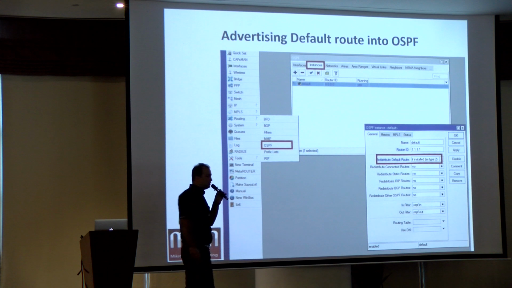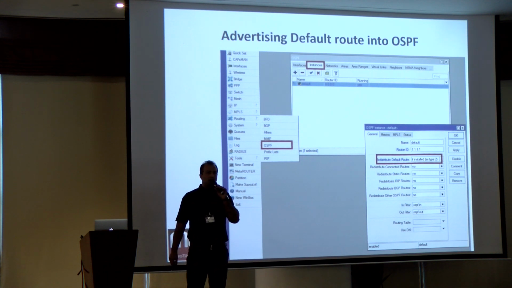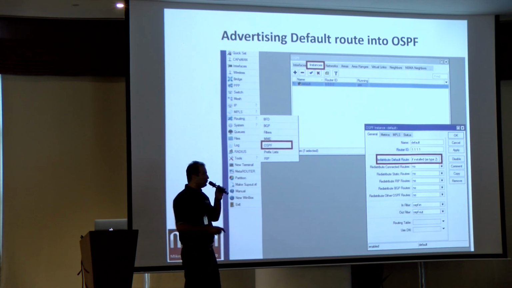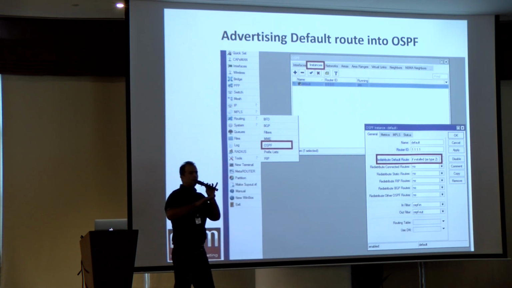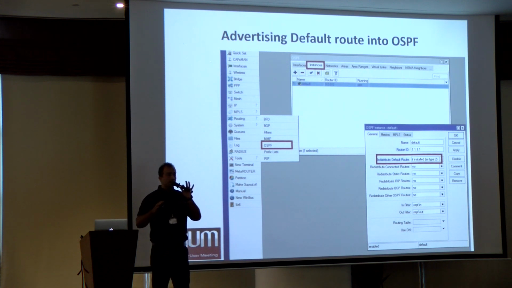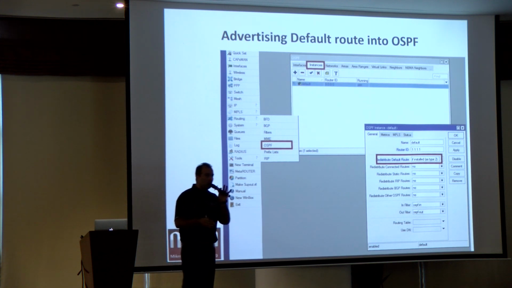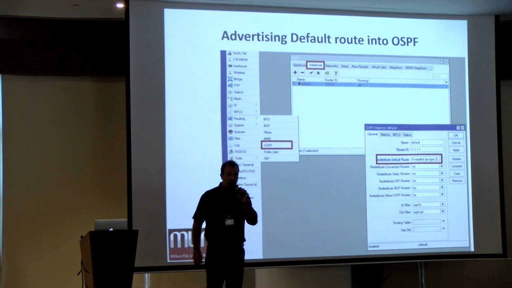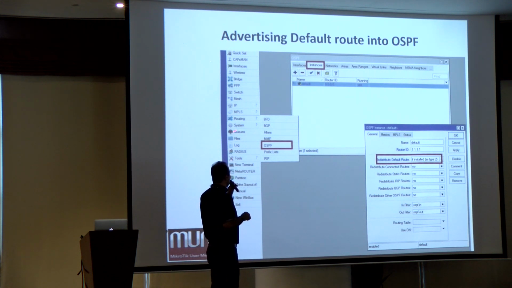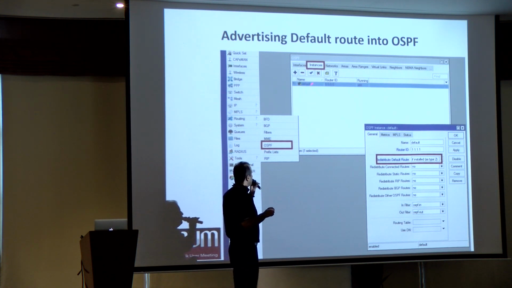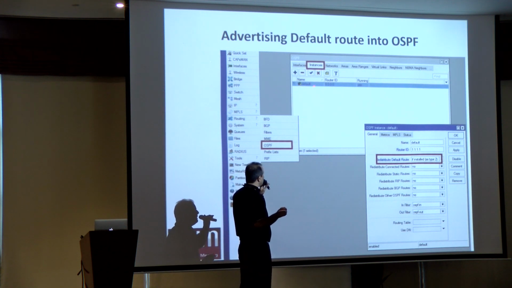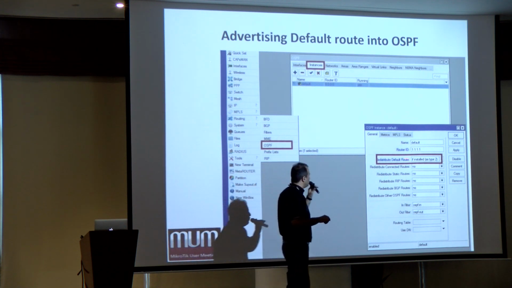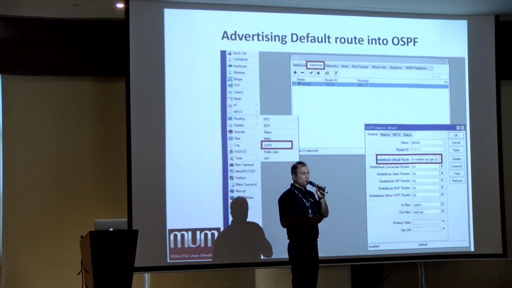For advertising the default route in OSPF, first of all, you have to redistribute the default route on the OSPF. This topic is not about the OSPF configuration, but you have to know how to configure OSPF at first. In the OSPF tab, first you go to the instance, and then you have to redistribute your default route to your routers.